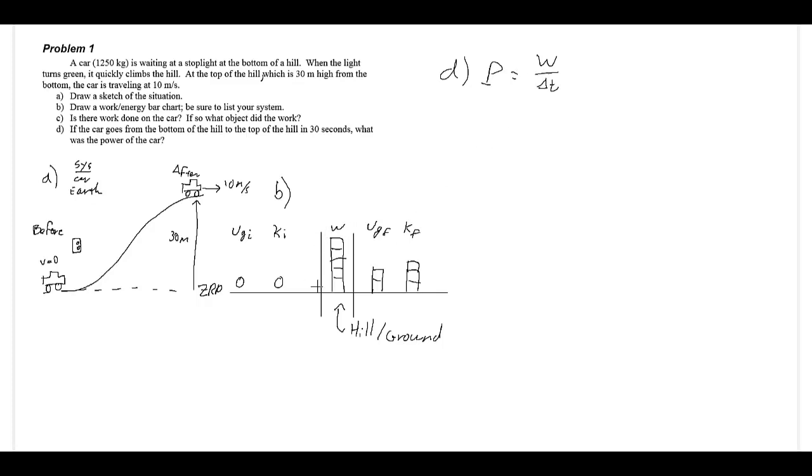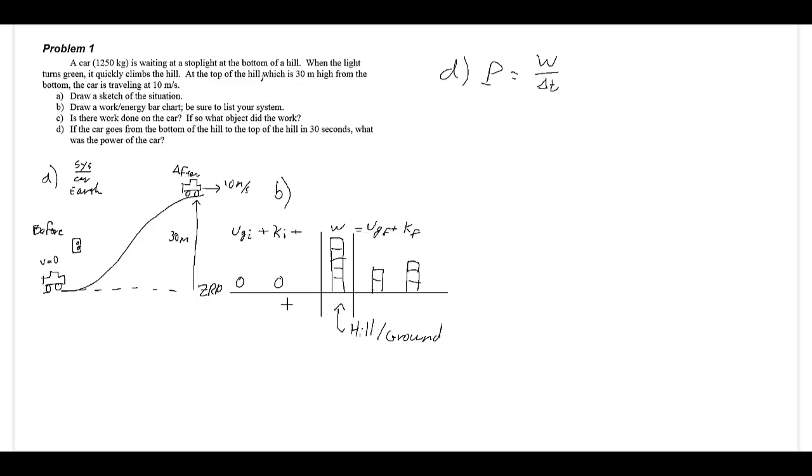But we don't know what the work done is, and so you could try and calculate the work that it did to push it up, but the fact that it's moving too means that some work was done to move it forward. So just calculating the work done from force times distance is not going to be the best way to do this one. What we're going to do is use our bar chart that we made, since that's what it's here for, to create our equation to find out what the work is.